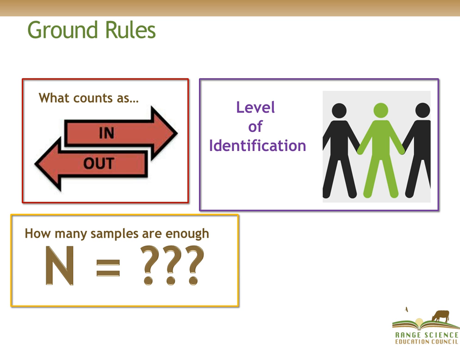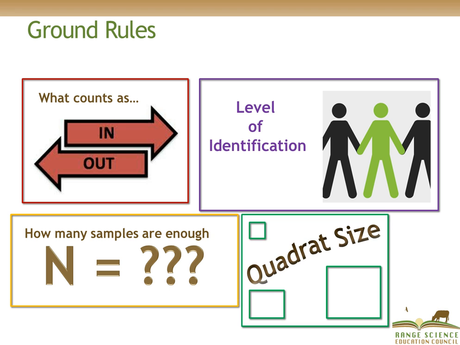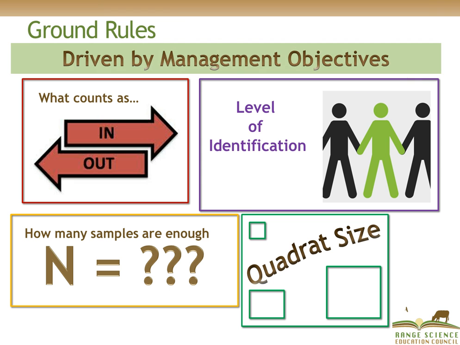Sample size is always an important consideration, and so how many samples is going to be enough. And finally, the quadrat size. Determining the appropriate quadrat size is a very important consideration that needs to be determined. All of these considerations are driven by management objectives and are determined on a case-by-case basis.